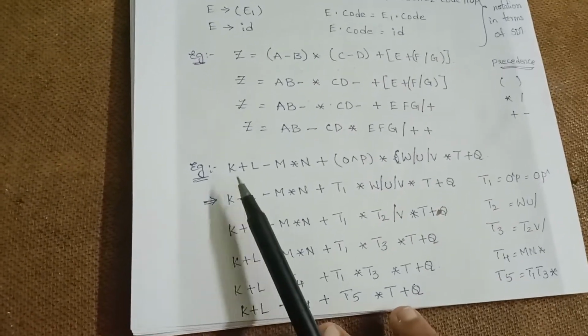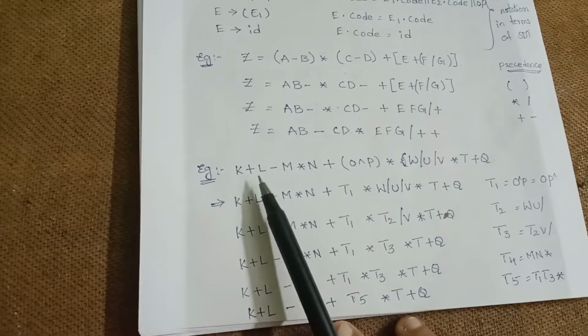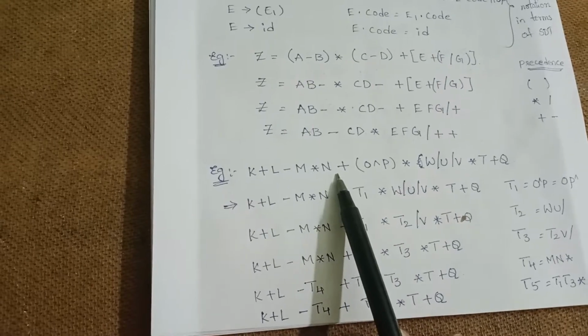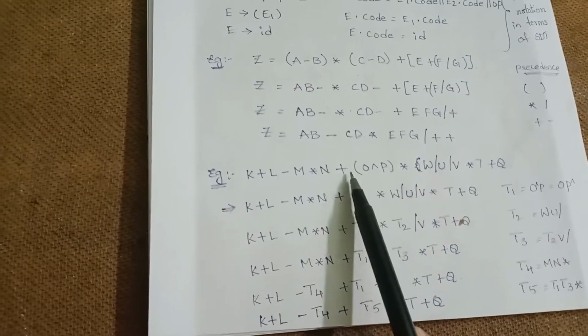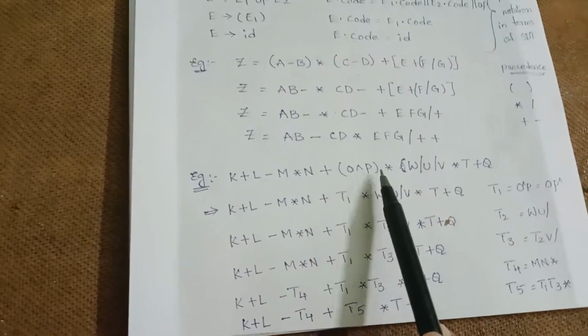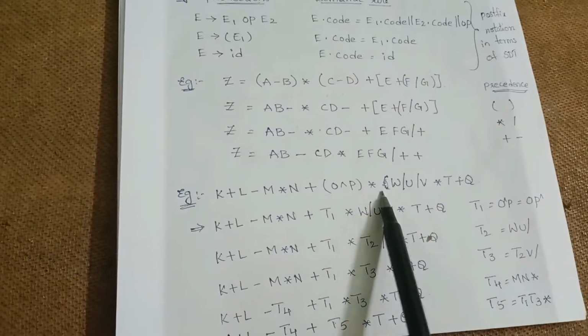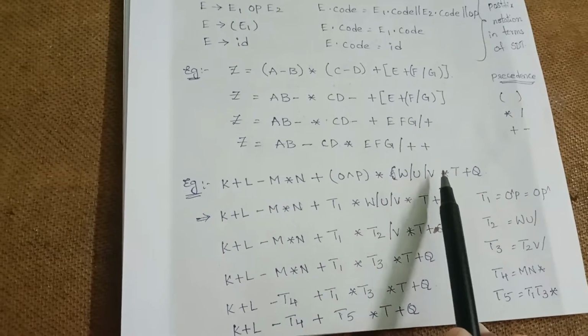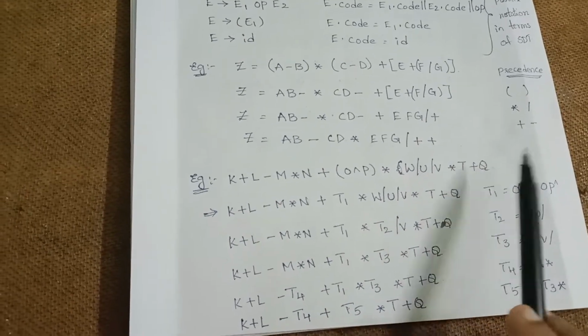So consider this example: k plus l minus m into n plus within the braces O cap P star W divided by U divided by V star T plus Q.